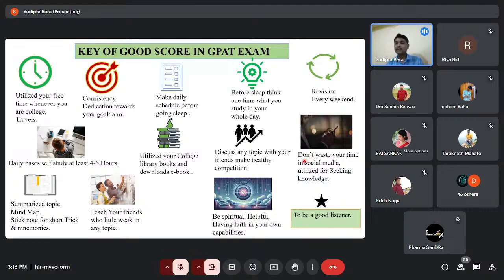And don't waste your time on social media. Utilize it for seeking knowledge. This is the most important thing at this time, because you only scroll Instagram or other social media. So make restrictions or mute different social media like Facebook, Instagram, Twitter, and different WhatsApp groups that disturb you.